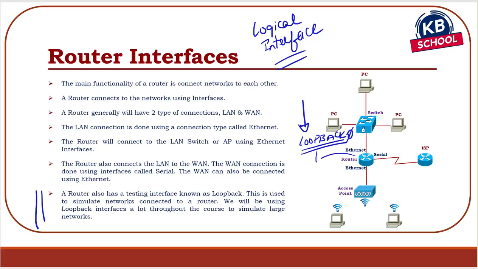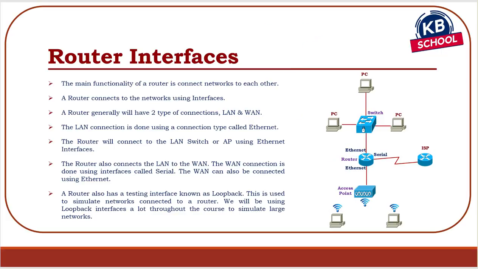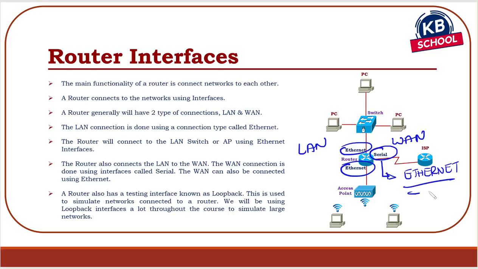But the two main interfaces that you'll always see, the physical interfaces on the router, are these Ethernet interfaces, which are your LAN interfaces, and you'll see serial interfaces, which are your WAN interfaces. As I said, you could also replace this with Ethernet on the WAN side, which is very prevalent in today's networks. So those are your router interfaces.